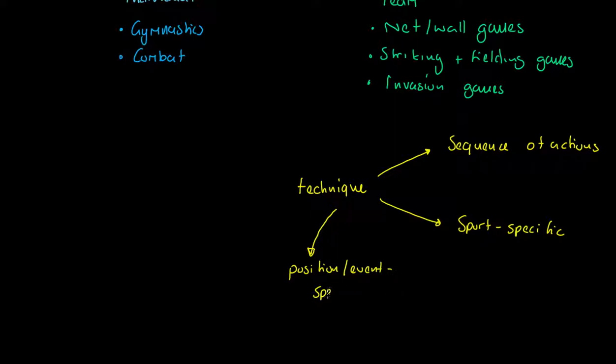And again, what we're saying here is that it's specific to not only the sport, but to a particular position. Think about the technique and application of strategies and tactics, likewise, of a midfielder compared to a striker, for example, or a centre as opposed to a shooter if you play netball, for example.